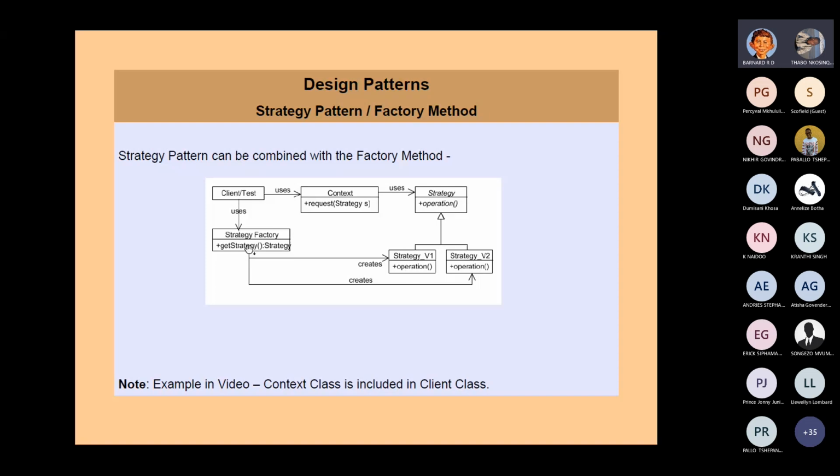And then the way you can implement those different strategies is by using a strategy factory. So this is in fact the factory method, which you would then use to instantiate your different strategies. So your strategy pattern and the factory method you will often find combined together. They work quite well.